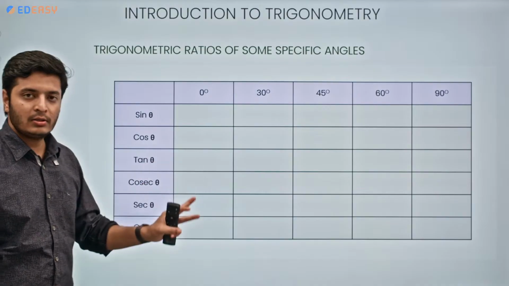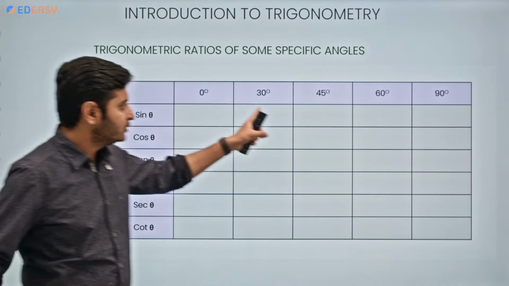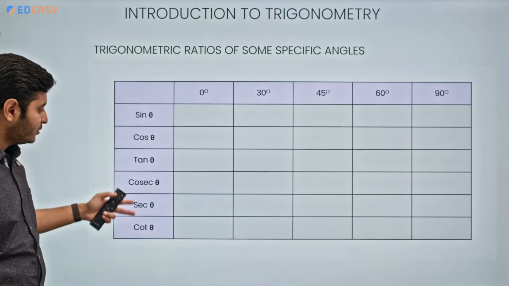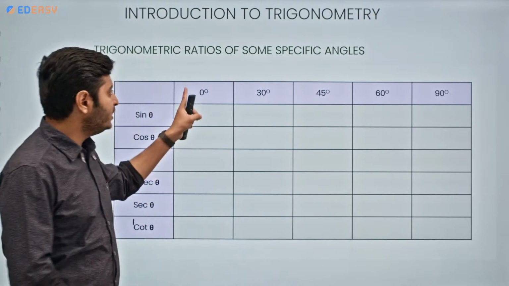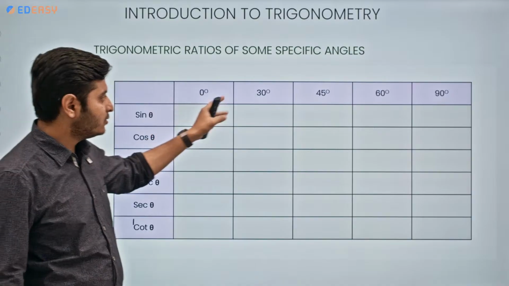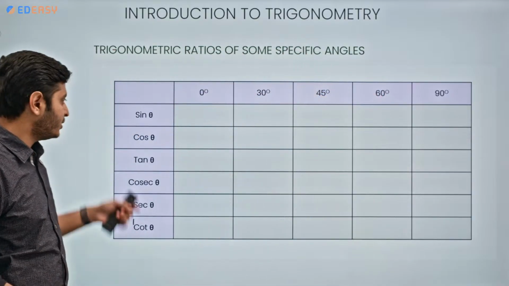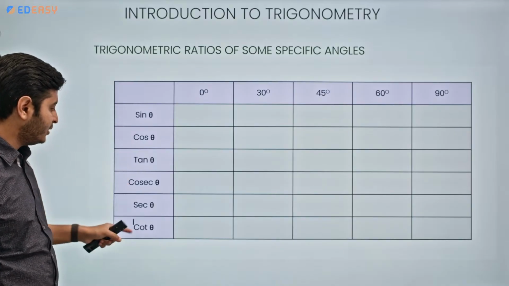The table will look something like this. Here in this table, I will create 6 columns and 8 rows. In this table, as you can see, all the common angles are written here: 0, 30, 45, 60 and 90. And all the 6 trigonometric ratios are written here: sine, cos, tan, cosecant, secant, cot.